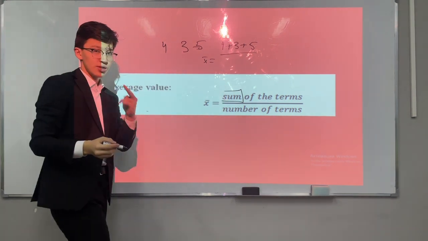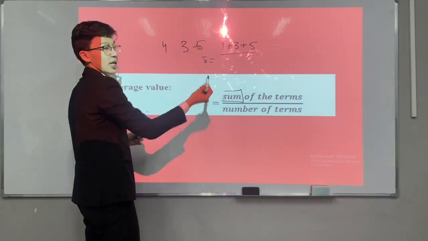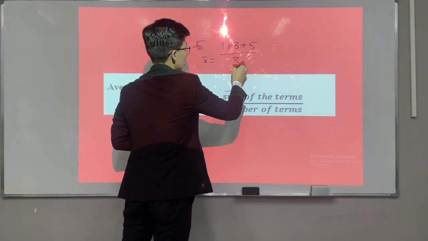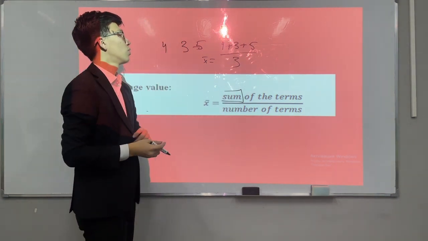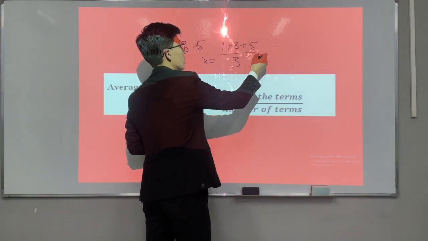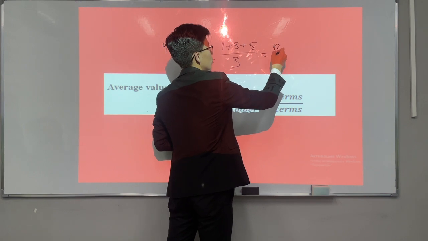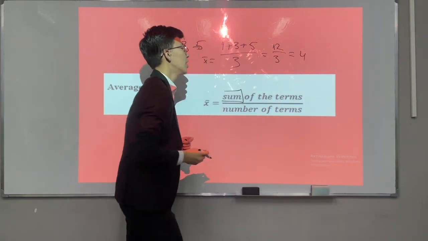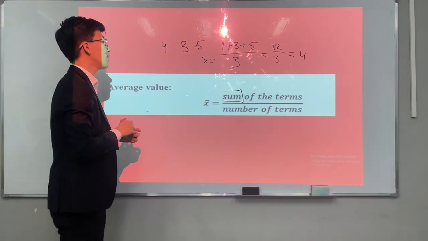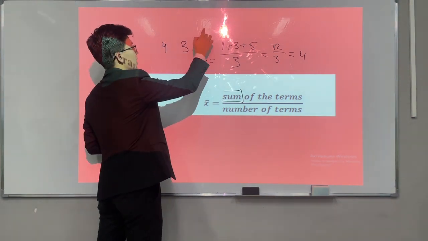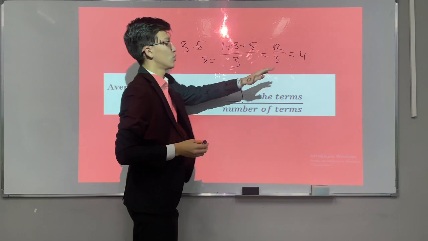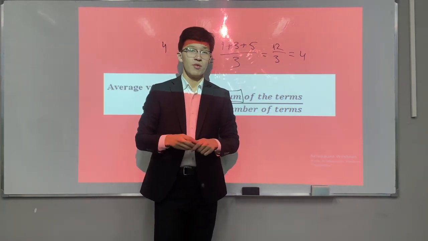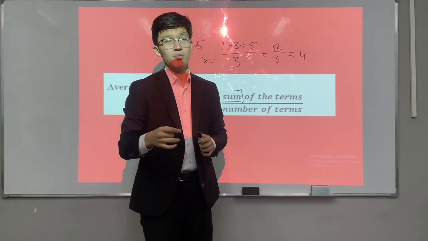We have only 3 numbers, 1, 2, 3, so over 3. This equals 12 divided by 3, which is 4. So the average value of these 3 numbers equals 4. Very easy and simple mathematical steps.